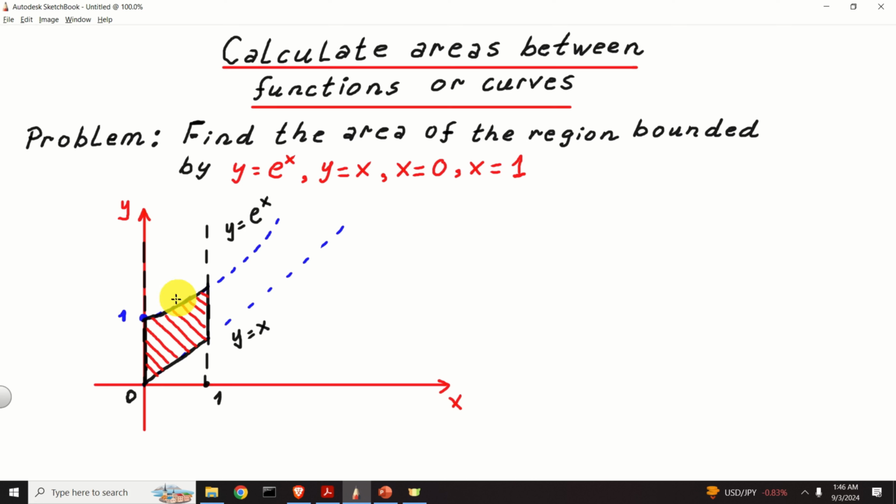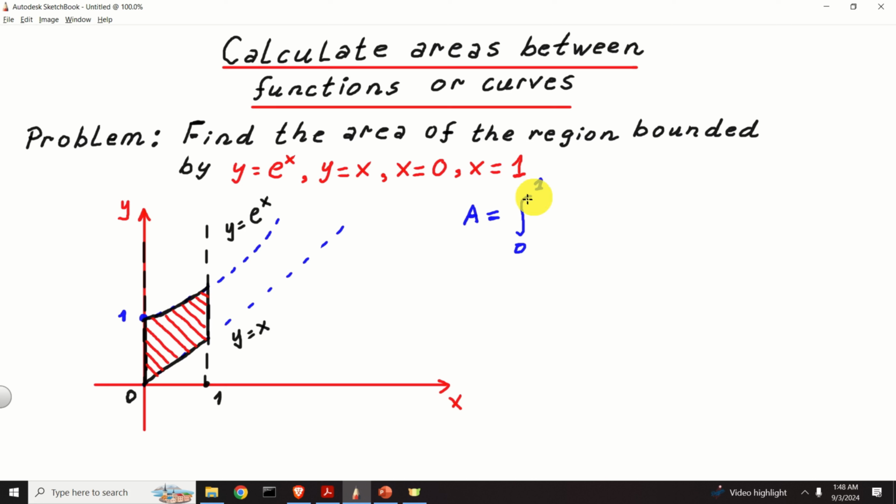We need to compute the area of this region. So how to do that? Let the area of this region be denoted by A. Then the area of the region is simply an integral from 0 to 1, that is from this vertical line to this vertical line.